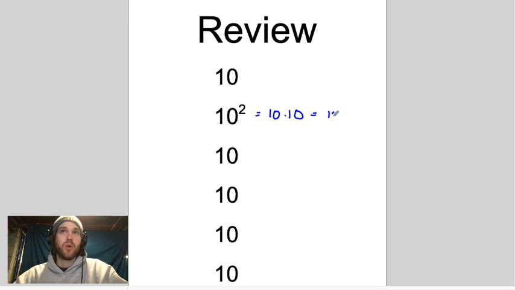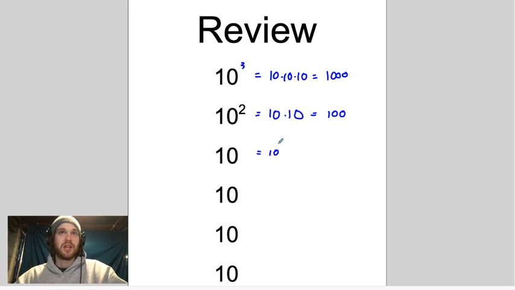It's also equal to a 1 with two zeros. So the exponent determines the number of 10s in the multiplication, which also determines the number of zeros in your answer. So 10 to the third is going to be a 1 with three zeros, or 10 times 10 times 10. We're multiplying 10 three times, which is a 1 with 1, 2, 3 zeros.